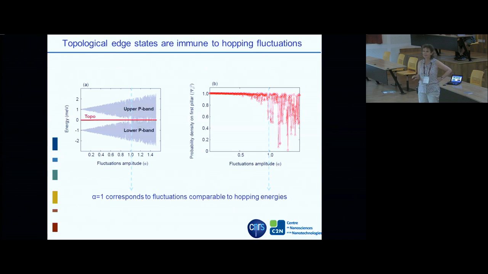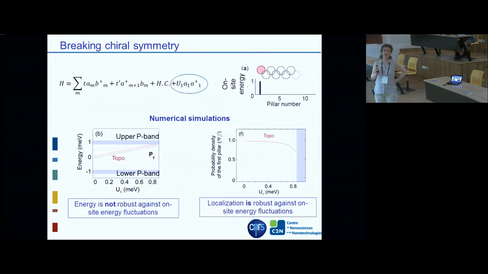Okay? So now, what happens when we break this chiral symmetry, which means we change the energy on the diagonal. So the most severe way of doing that is just to blue shift the first pillar, so to change the energy of the first pillar, this is where the localized state sits.